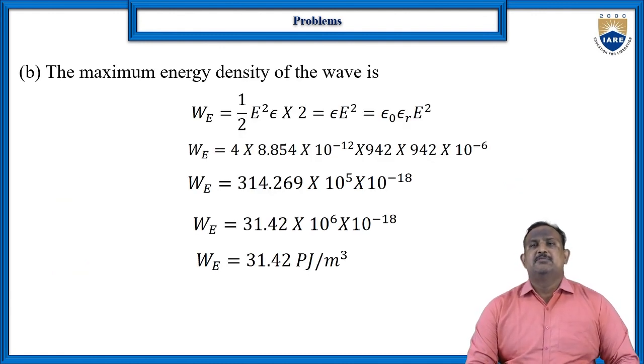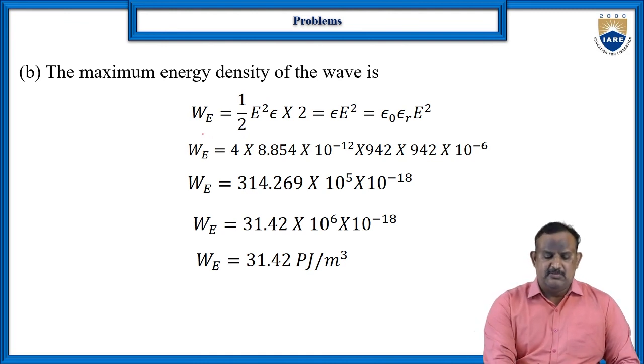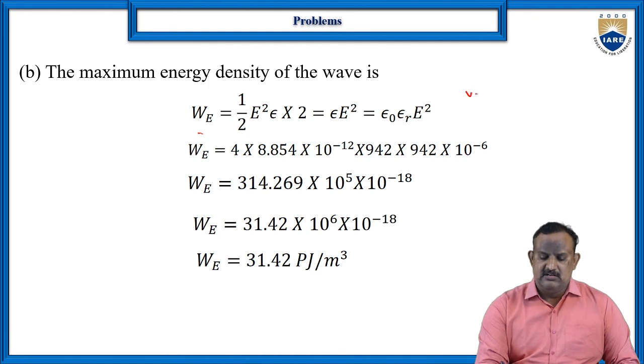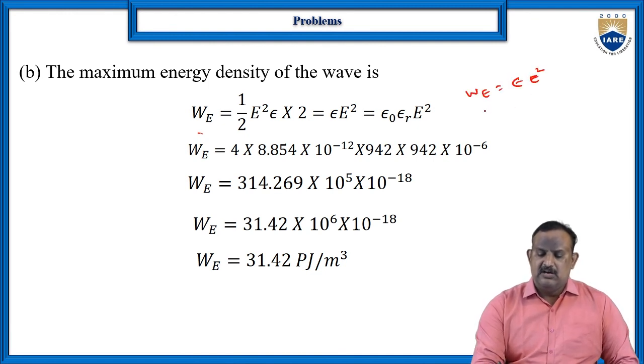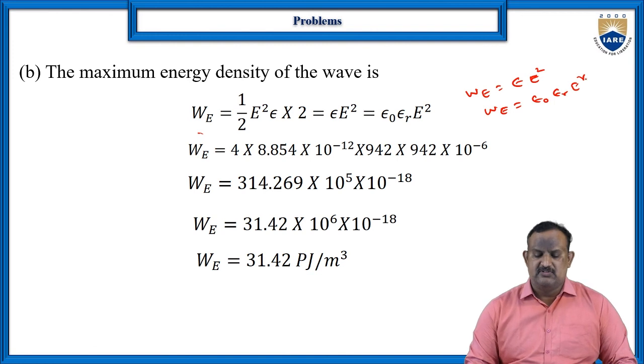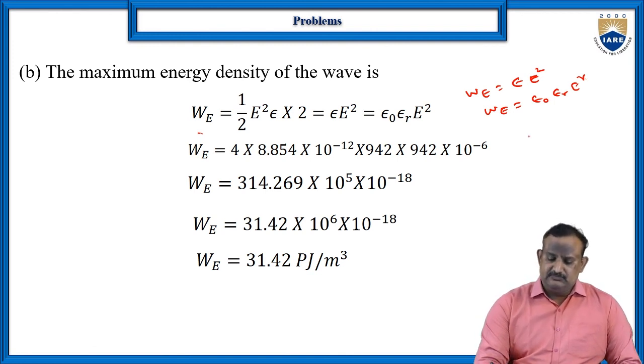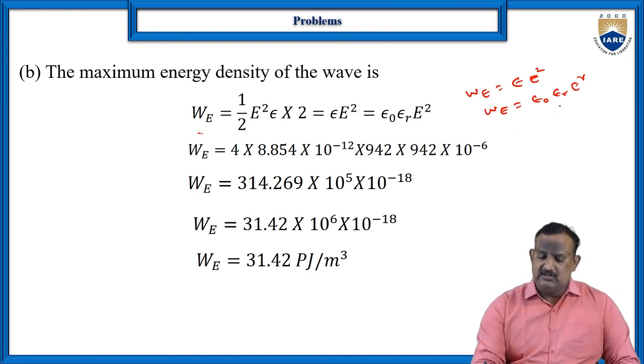Then the maximum energy density. To find it, we have the formula for energy density W equal to epsilon E square, or maximum energy density equal to epsilon naught into epsilon r into E square. Epsilon naught is 8.854 into 10 power minus 12, and epsilon r is given as 4.